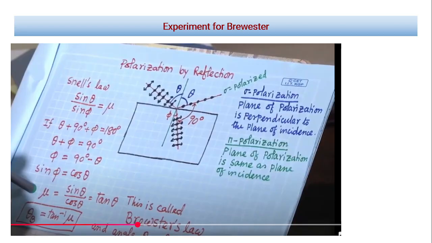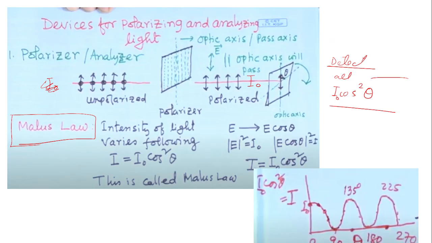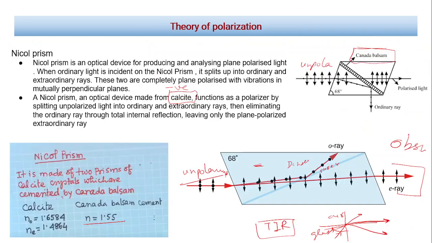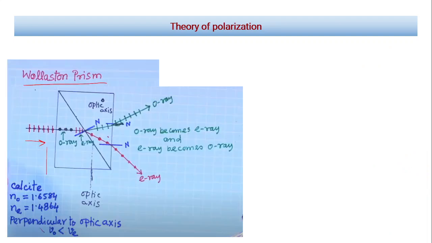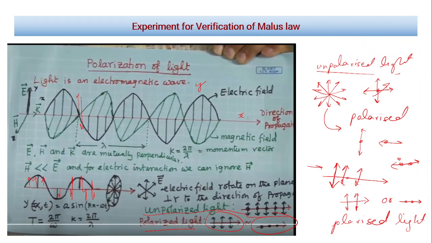Okay, so this is another thing now, Brewster's law. So what happens here? Here we were seeing we have some material through which unpolarized light was passing, and it was getting polarized. This is what we have been seeing for this kind of special Nicol prism: unpolarized light is coming, and what I'm getting here is polarized light. So here it was passing through the material.